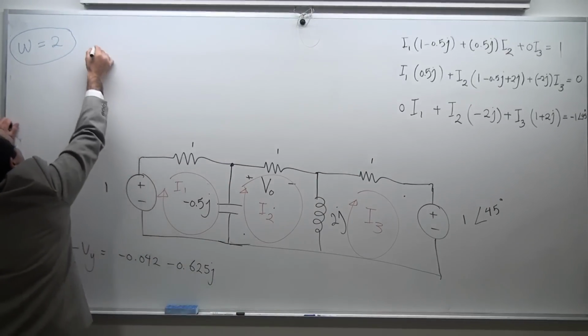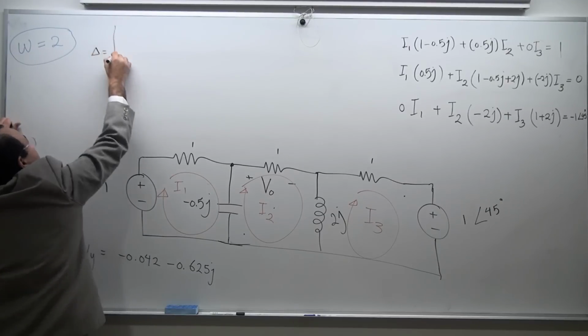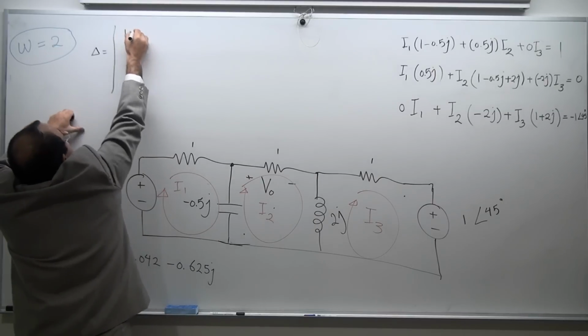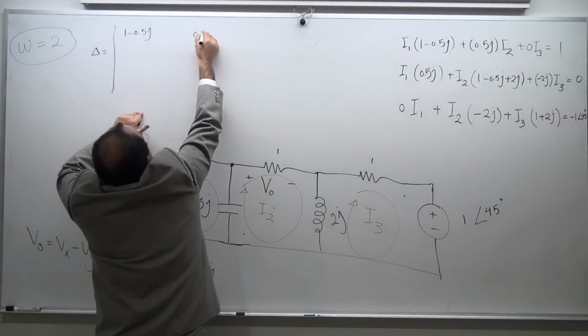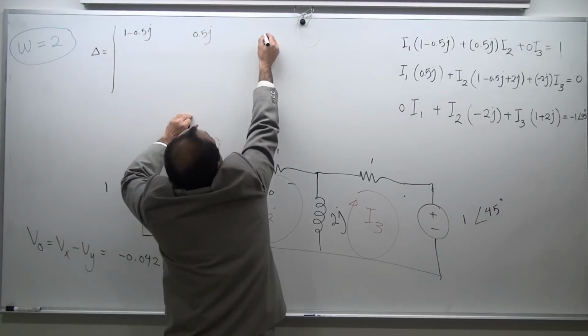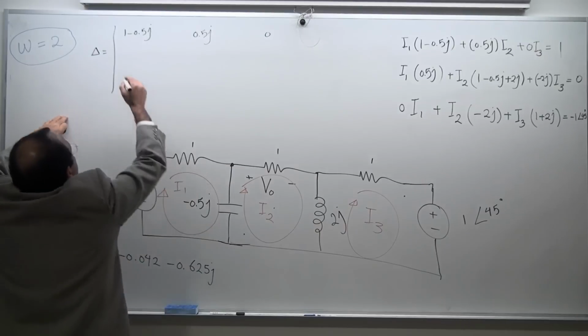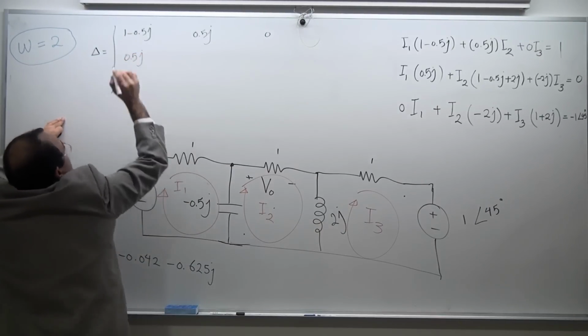My delta, which is the system determinant, is going to be 1 minus 0.5j, 0.5j, 0. 0.5j.